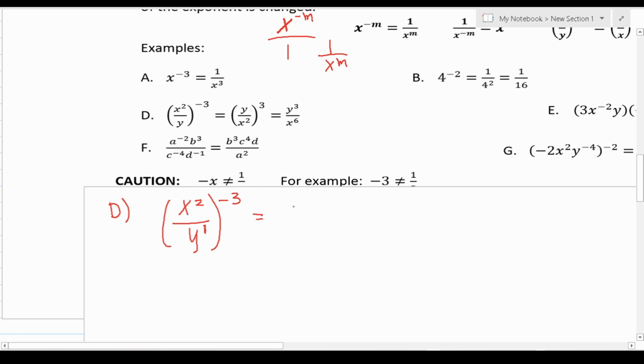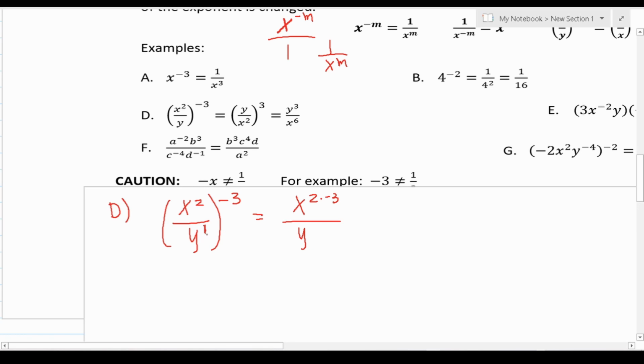Again, according to the power rule, you write down the base first. So we're going to just write down x. Then you multiply the exponents. So that's going to be 2 times negative 3. All right. And then we're going to do the same thing to the y base, which is going to be y.